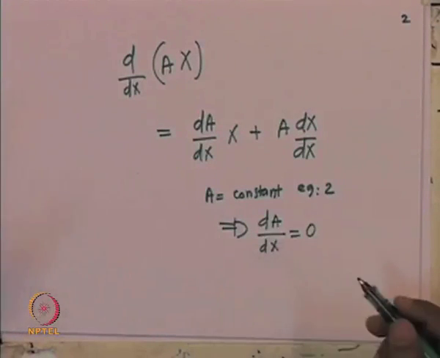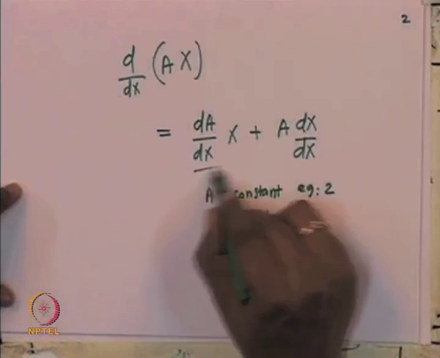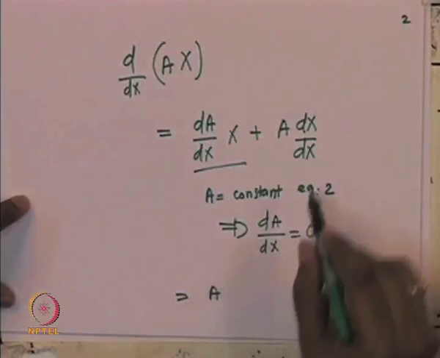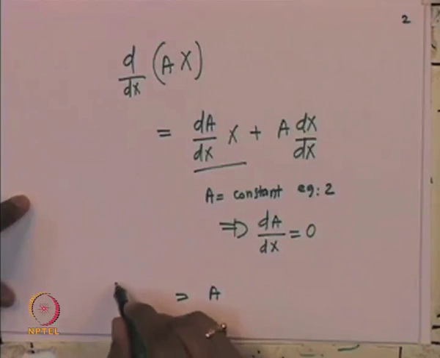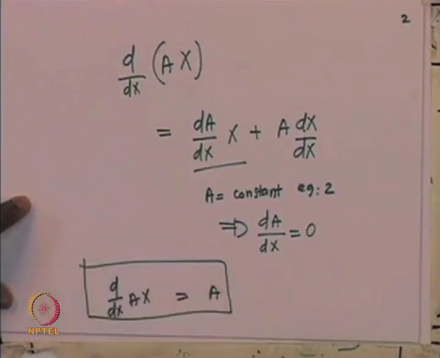So, dA by dx is 0. If this is 0, this term becomes 0, then your answer is just a times dx by dx, which is 1. So, the answer is a. So, d by dx of a x is just a. This is something which we can learn just by applying our product rule.